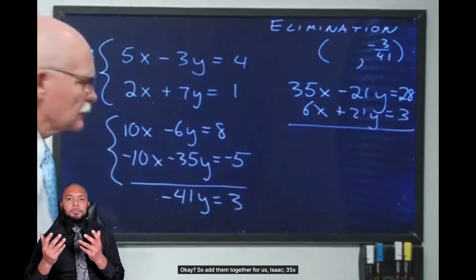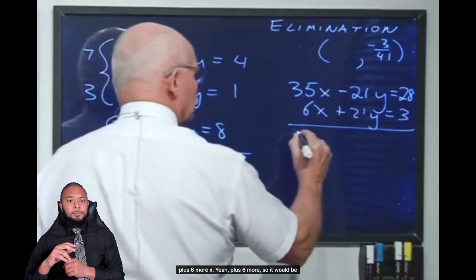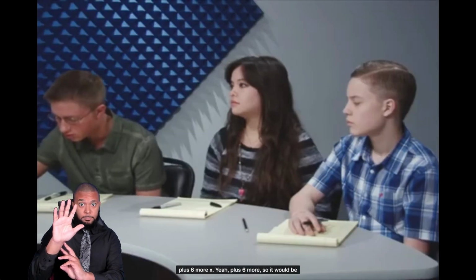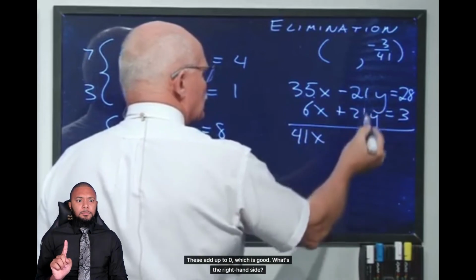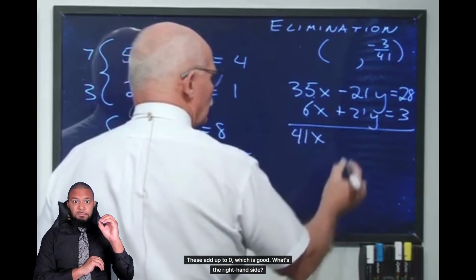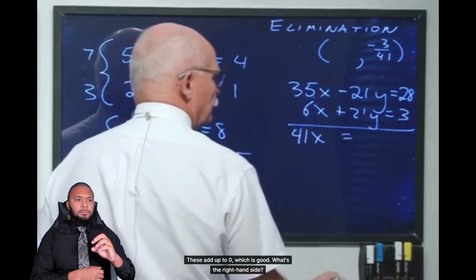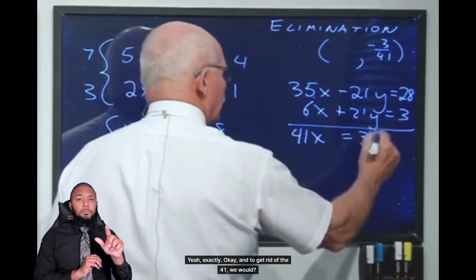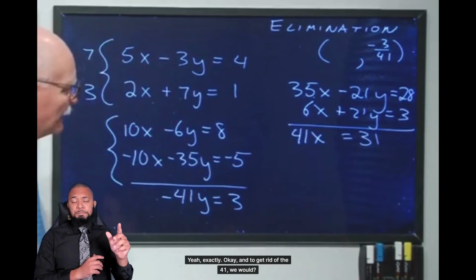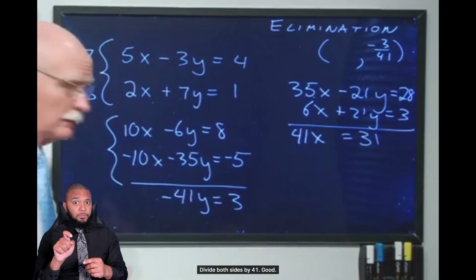Okay, so add them together for us, Isaac. 35x plus 6 more x. Yeah, plus 6 more, so it'd be 41x. These add up to 0, which is good. What's the right-hand side? So it would be 28 plus 3, so that'd be 31. Yeah, exactly. Okay. And to get rid of the 41, we would? Divide both sides by 41.